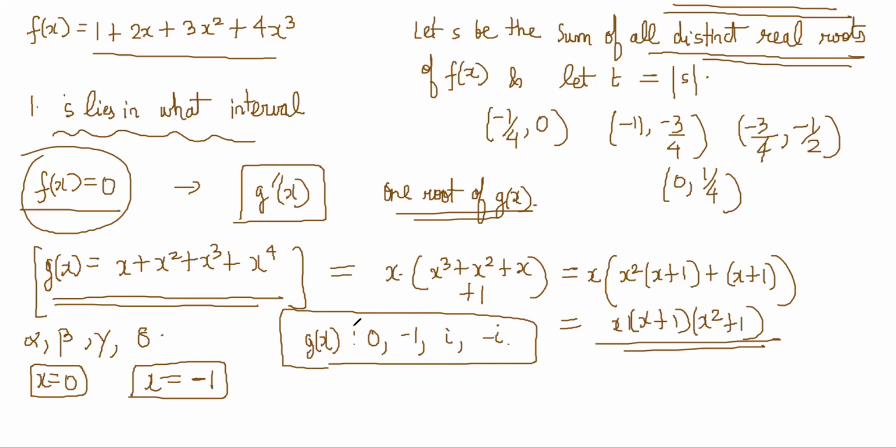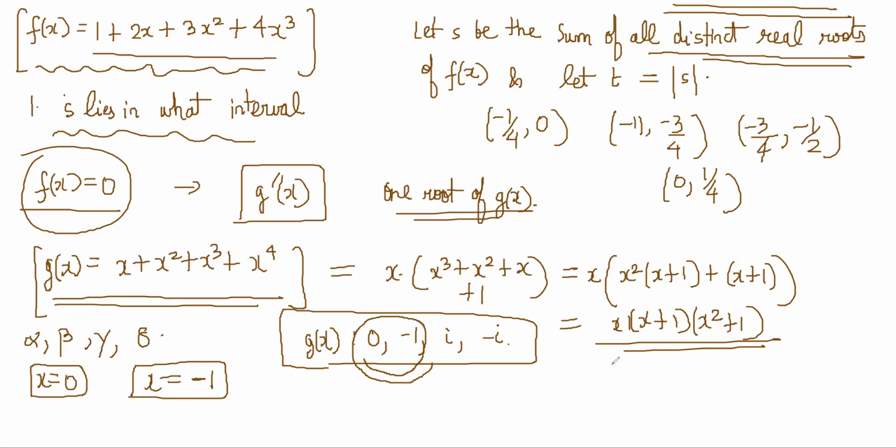Now you can only get one root between 0 and -1, right? One root of g dash x. So function f(x) has at least one root between 0 and -1, right? So, okay, one root between 0 and -1. Also, this is a cubic, right?